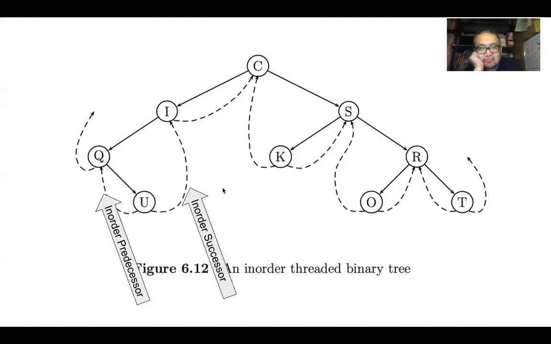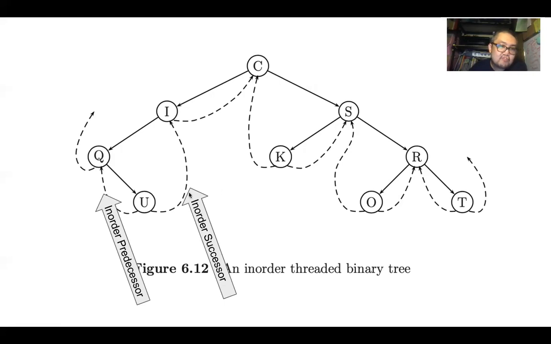One possible way is to make them point to the in-order successor or the in-order predecessor of a particular node. So what is the in-order predecessor or the in-order successor? The in-order predecessor is basically the node that comes before the node when we traverse the tree in order, while the in-order successor is the node that comes after the node when we traverse the tree in order.